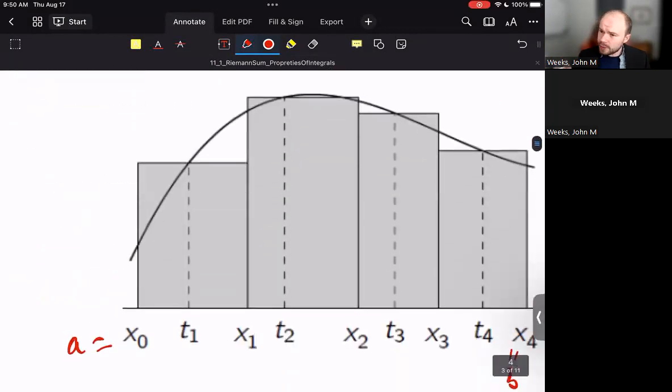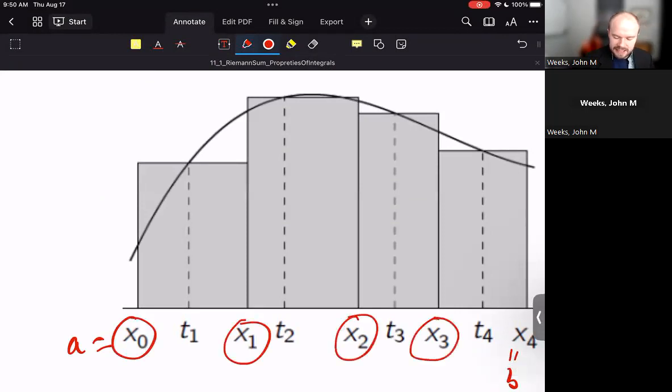Once we have this finite subset, the points I'm circling in red, for every subinterval that I create, that is, every interval between any two points of my partition that are right next to each other, I can pick an arbitrary sample, like a t1, somewhere inside of there.